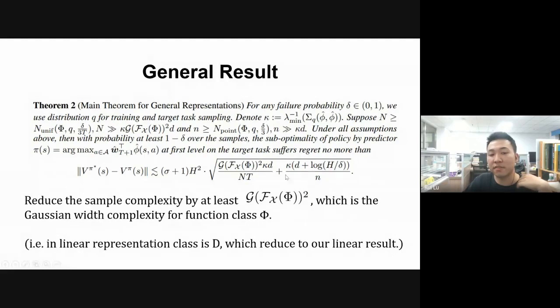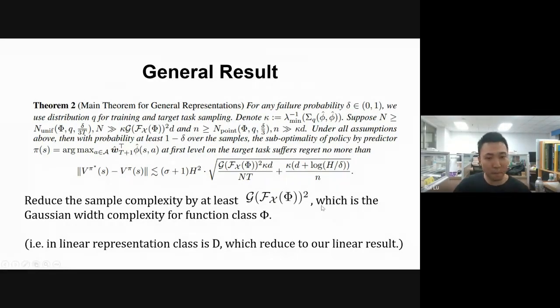So now you can see that we get rid of this sample complexity by the factor of the complexity measure for this capital phi. It is worthwhile to point out that in the linear representation class, this Gaussian width complexity for phi is exactly capital D, and this reduces to our linear results.